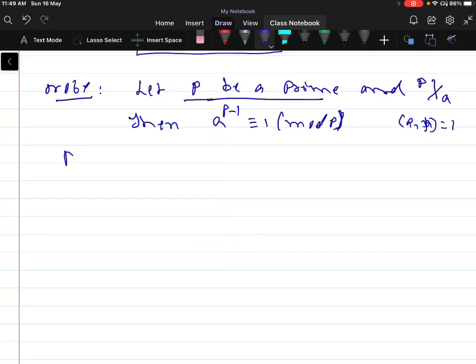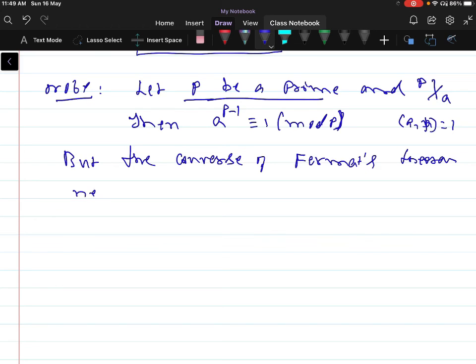But the converse of Fermat's theorem need not be true. So let us define the converse of Fermat's theorem.